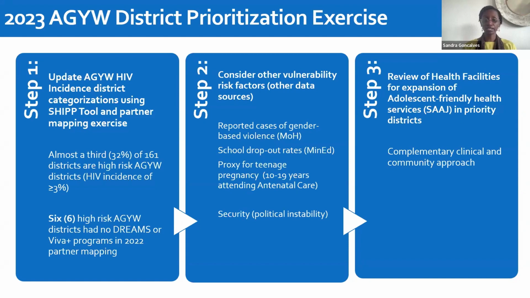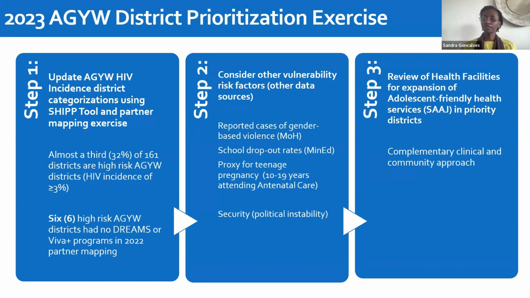So we're looking at the main programs, thus the DREAMS funded by PEPFAR and Viva Mais, which is funded by the Global Fund. And then because the tool does not include other vulnerability risk factors, the group had to look at them individually. So for example, we have school dropout rates, a proxy for teenage pregnancy, and this is data that was received from the Ministry of Health and the Ministry of Education.